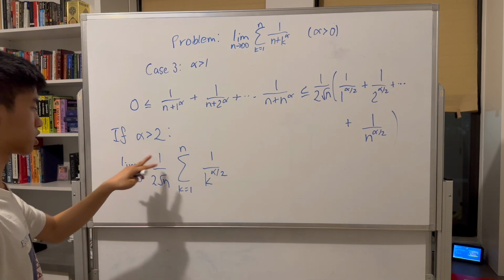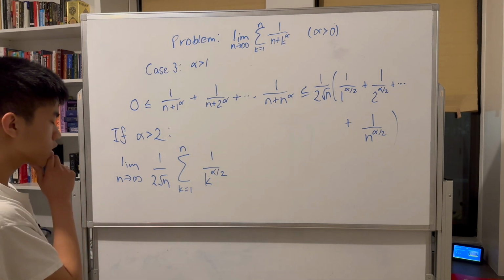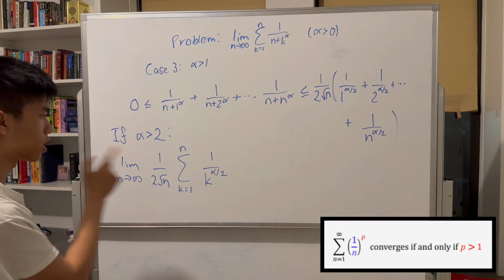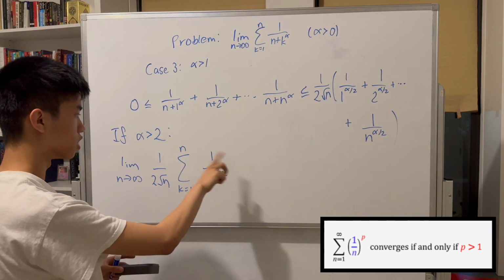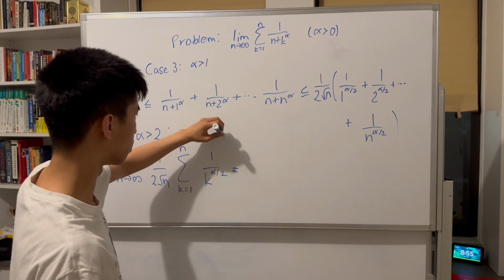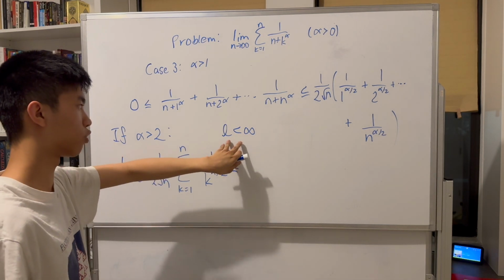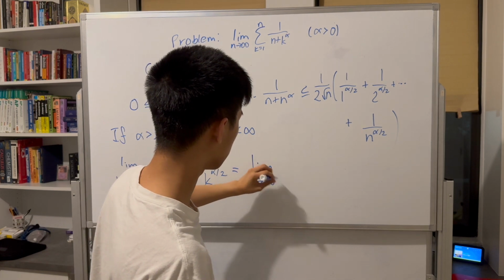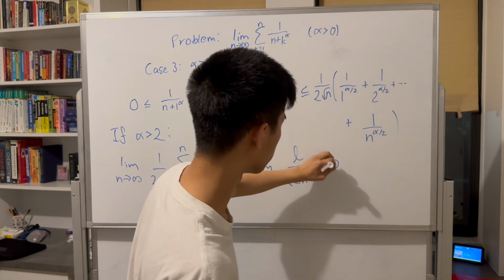And because we know that 1 over 2 root n is constant with respect to k, it can be outside of the summation. Well, if alpha is strictly greater than 2, then the p-series test will show that this sum converges. And if this sum converges, then it is equal to some number L where L is less than infinity. This is just notation for L being finite. So if L is finite, then we have the limit as n approaches infinity of L over 2 root n. This is equal to 0.